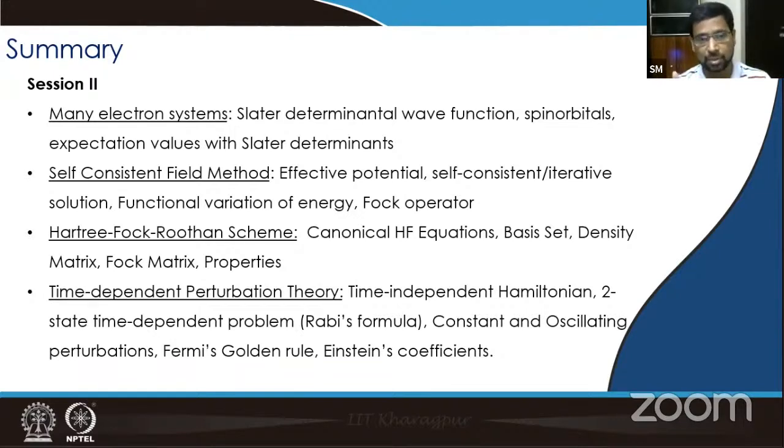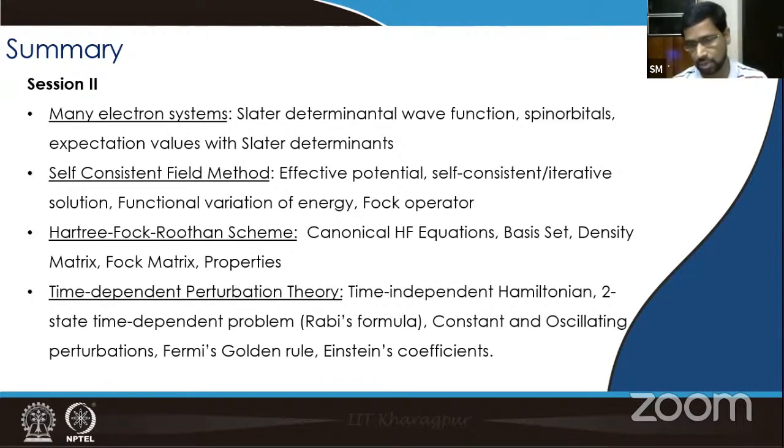We learned how we can define an effective potential that an electron experiences because of other electrons and the nuclei, and how we can express this idea in a variational calculation. We used the functional variational method for this, and then we derived our equations and looked at the Fock operator. We talked about the non-canonical Hartree-Fock equation, and we again tried to convert it to the canonical Hartree-Fock equations.